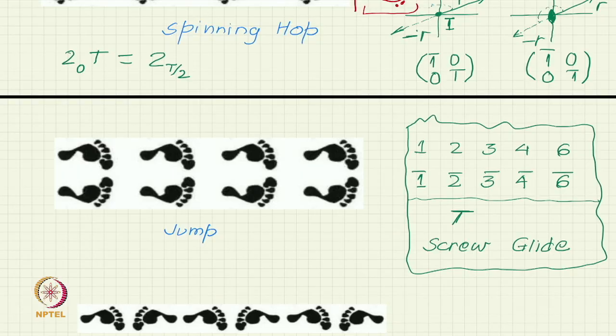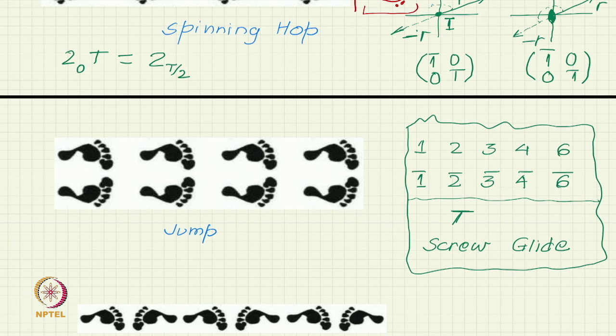So it may appear new at first sight. Translations are infinite, rotations are finite. You have only a finite number of rotations, but translations are infinite and they are at various angles in 3D.